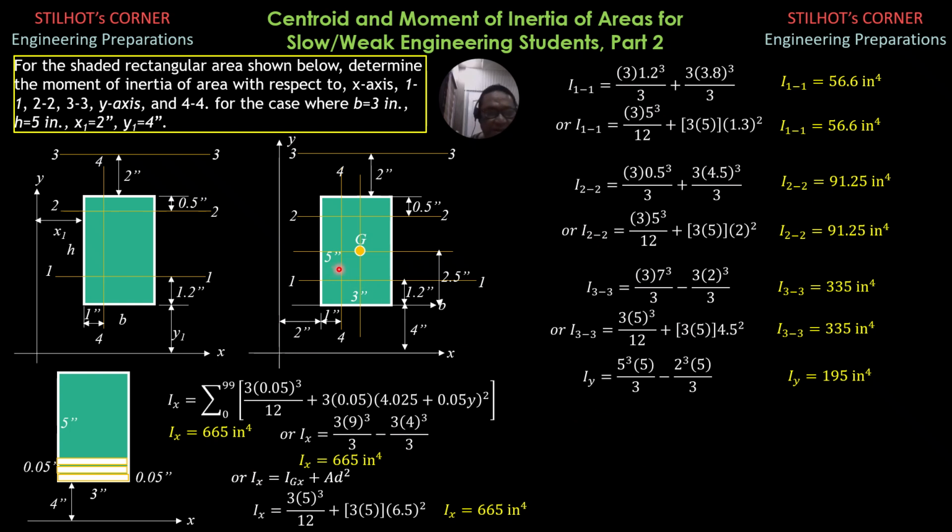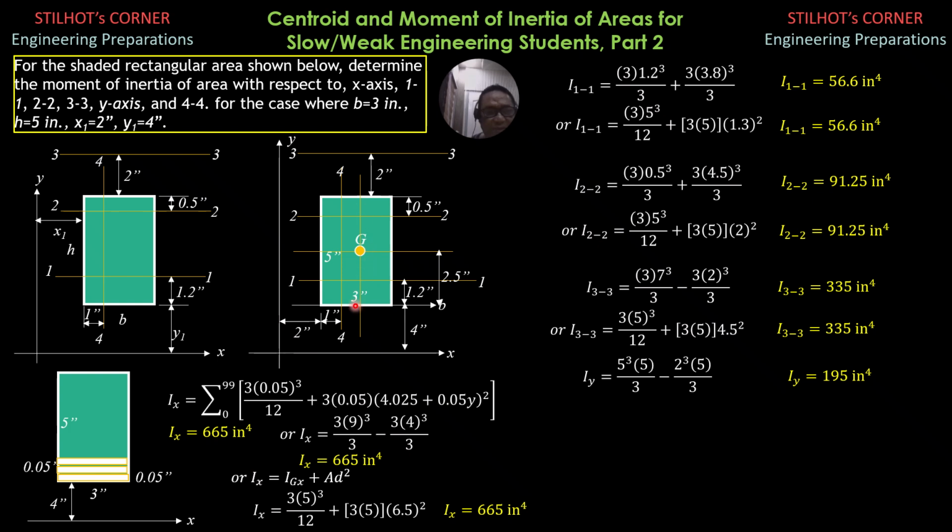The other way is by transfer formula, moment of inertia of area with respect to the centroidal y-axis, which is b cubed h over 12. So b is 3 in this case. The base becomes the height with respect to the y-axis.